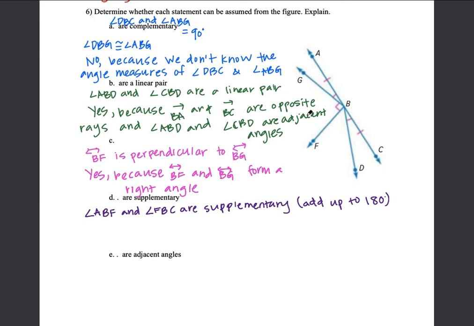So let's look at the angles, let's highlight. So we have ABF, and then we have, different color, FBC. Okay, well notice that these two angles make up a line, right? Makes up this big line ABC. Those two angles added together create this line. Well, a line is always 180 degrees. So yes, these two angles are supplementary because they make up this line, and the line is 180 degrees.